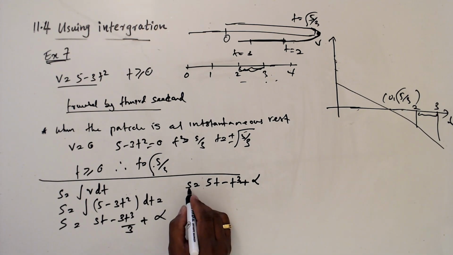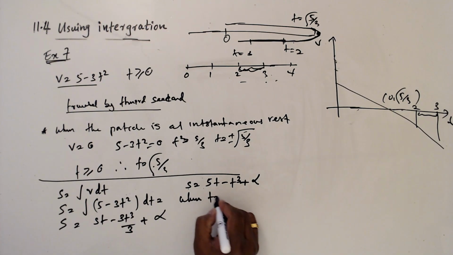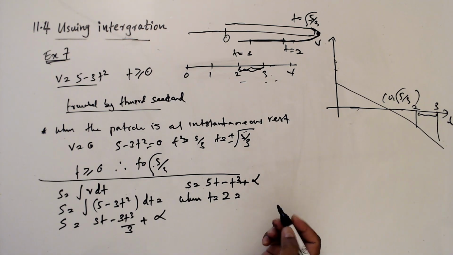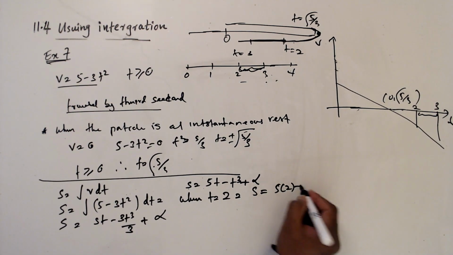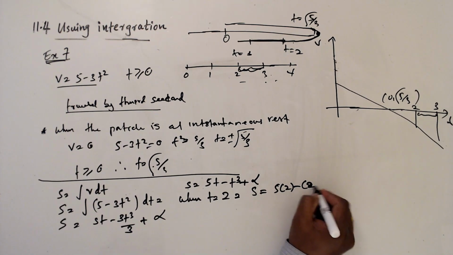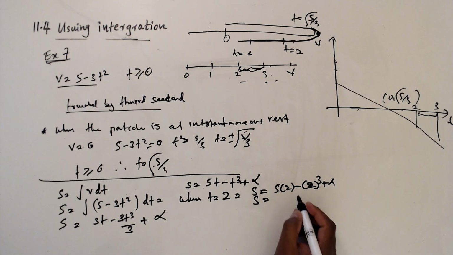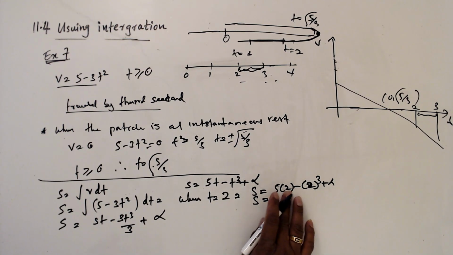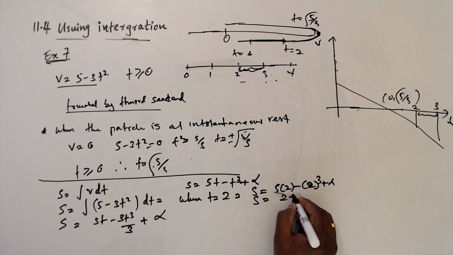Now we'll find the distance when t equals 2. S equals 5 times 2 minus 2 cubed plus alpha. So this is 10 minus 8, and the answer is 2 plus alpha.